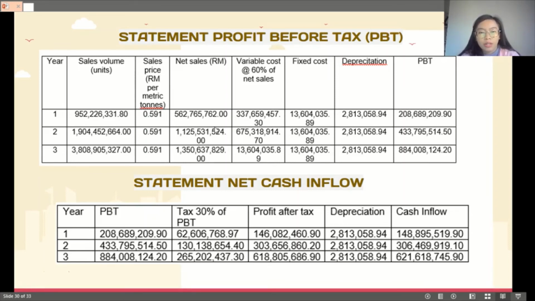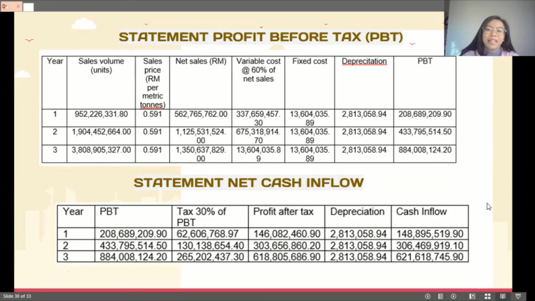Meanwhile, the variable cost at 60% of net sales is 60 over 100 times the net sales. The fixed cost is the value from the grassroots or the fixed capital investment. Then this is the depreciation value from the previous table. For the PBT, we minus from the net sales the variable cost, the fixed cost, and the depreciation, and then we get the value for PBT.